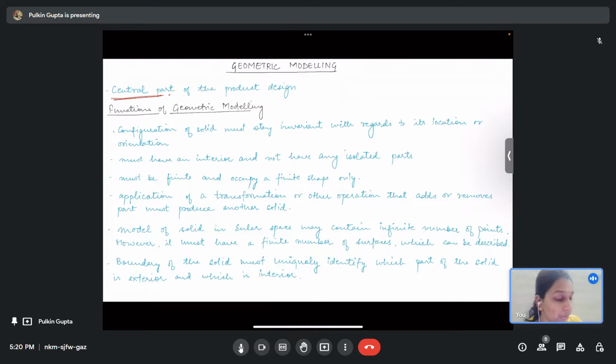For example, if this is one solid and this is another part, and they are isolated, this doesn't constitute a single solid model. It must be finite and occupy a finite shape only. Although solids can have an infinite number of points within them, their volume needs to be finite.